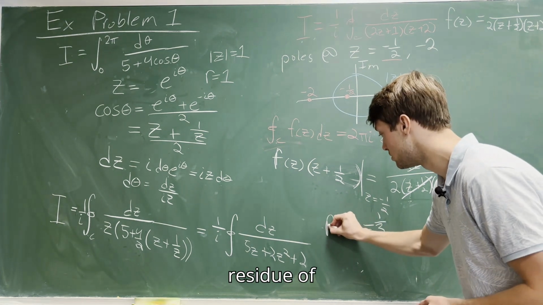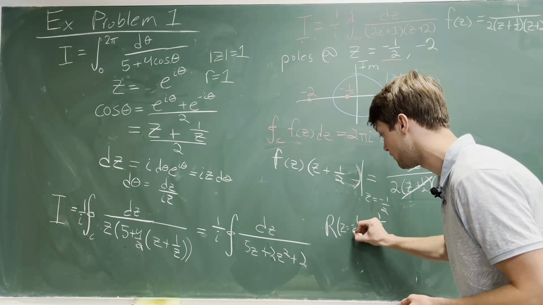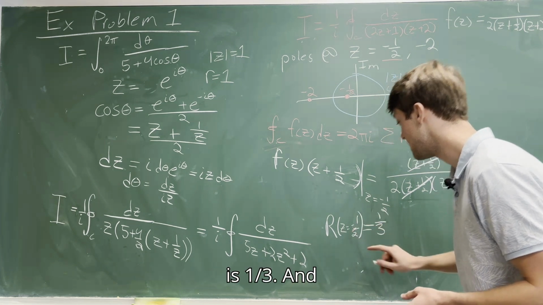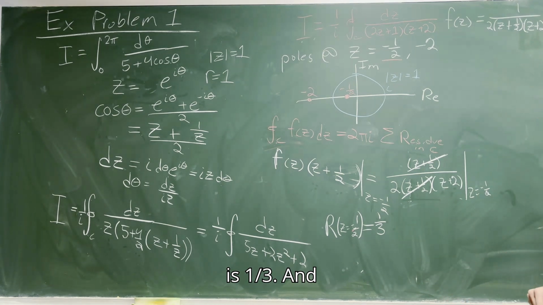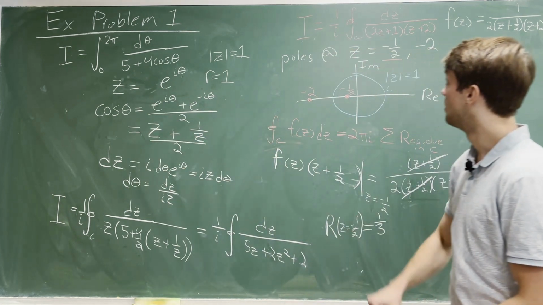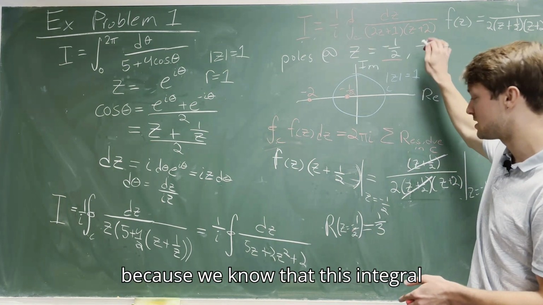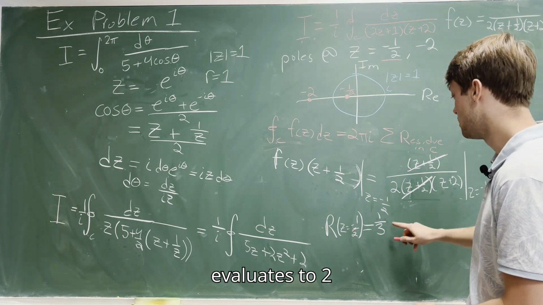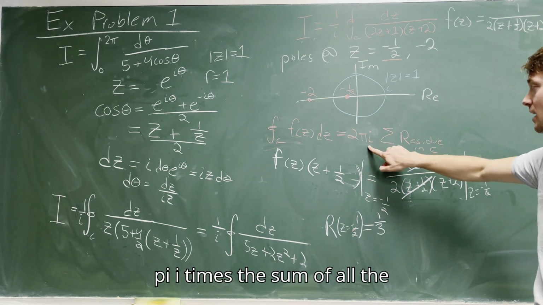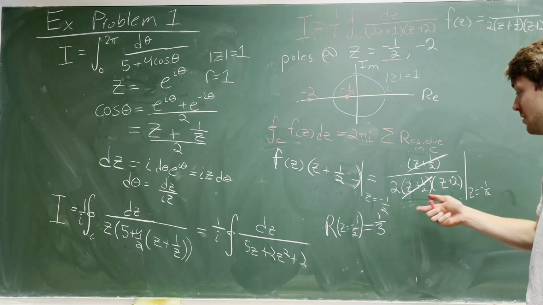The residue at z equals minus 1/2 is 1/3. And so we're able to solve this integral, 1 over i times this closed loop integral, because we know that this integral evaluates to 2 pi i times the sum of all the residues, which is just 1/3.